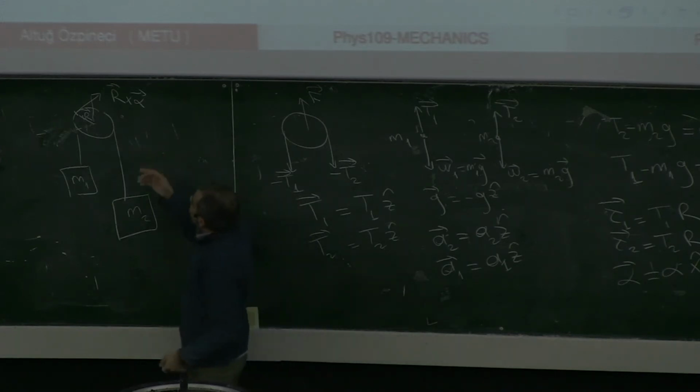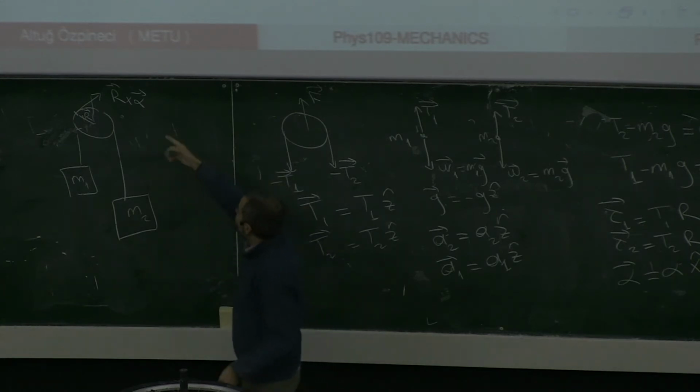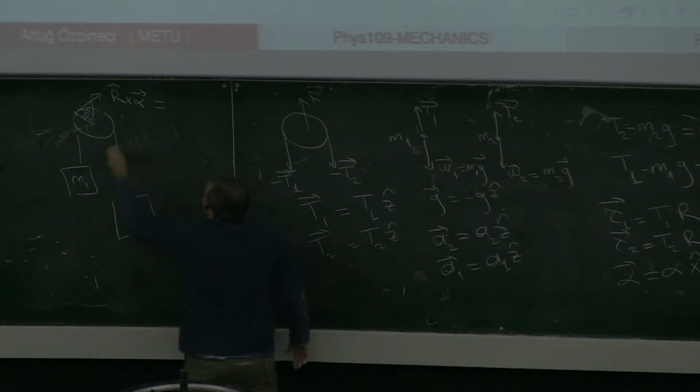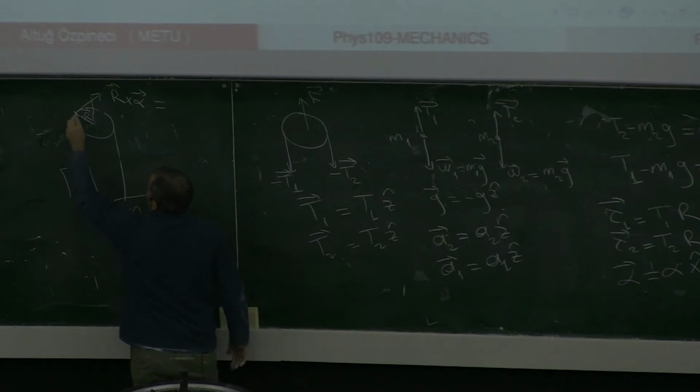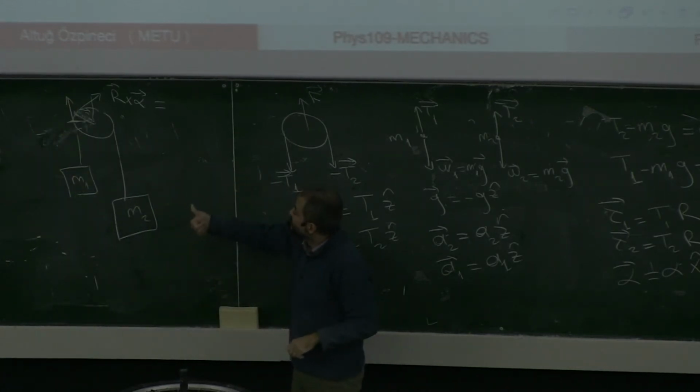Now, this is, of course, assuming alpha is in this direction. If alpha is in this direction, this is the R cross alpha. But if alpha is in the other direction, it just means that it is accelerating like this. If you consider this point, alpha cross R is in this direction, R cross alpha is in that direction.